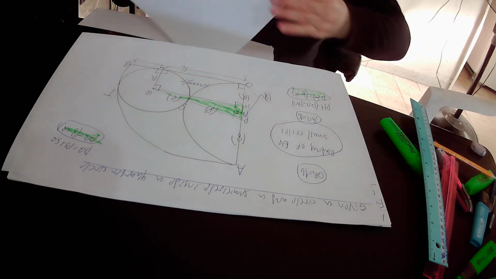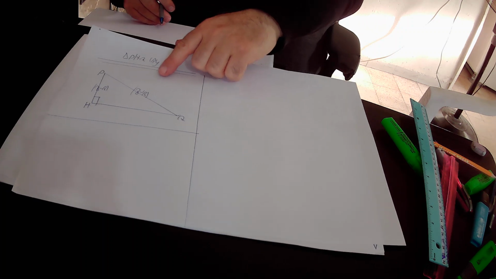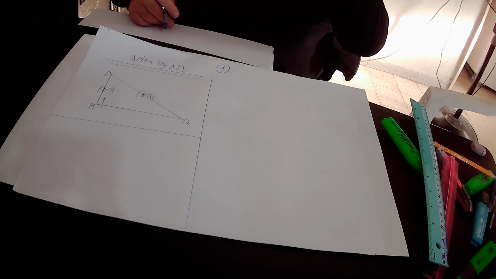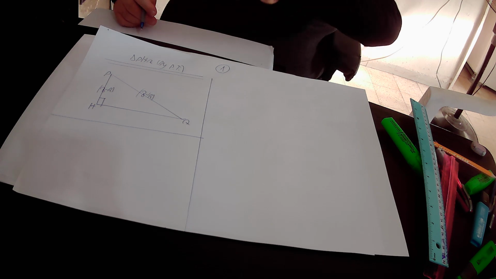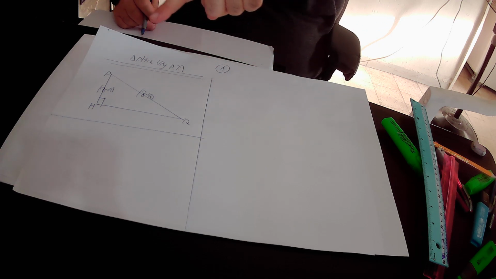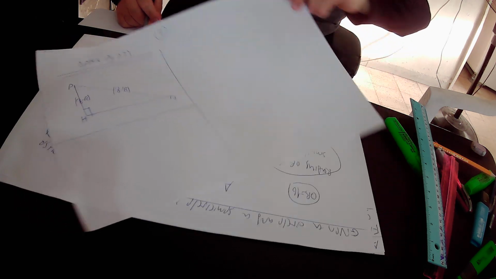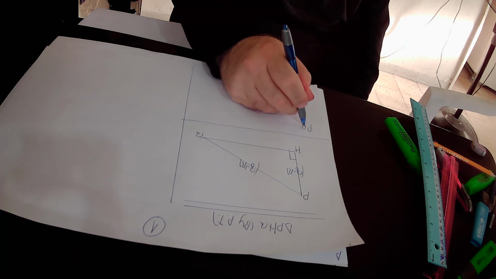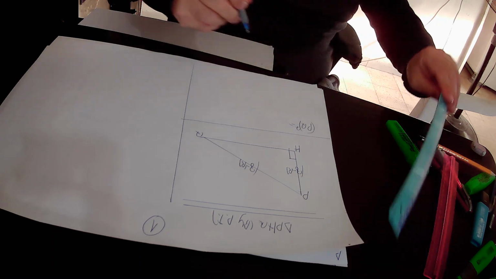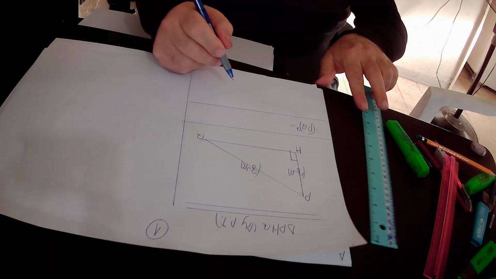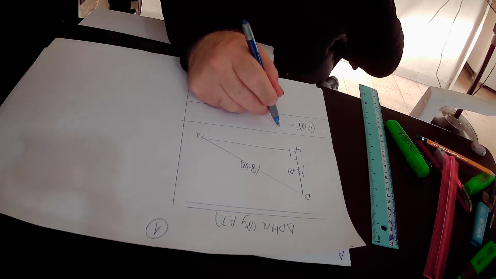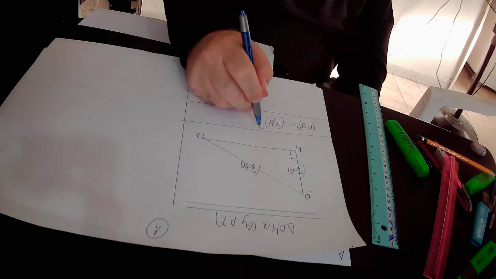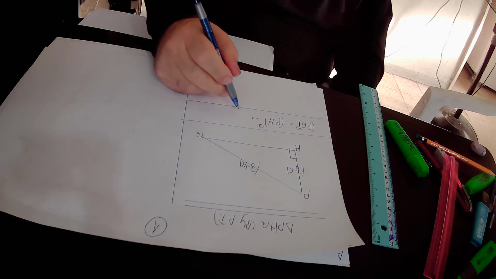So actually, this is the right green triangle PHQ that I got from the original drawing. According to the Pythagoras theorem, in this triangle PHQ, PQ square equals PH square plus HQ square. So write it down. PQ square, that is the square of the hypotenuse, equals PH square plus HQ square.